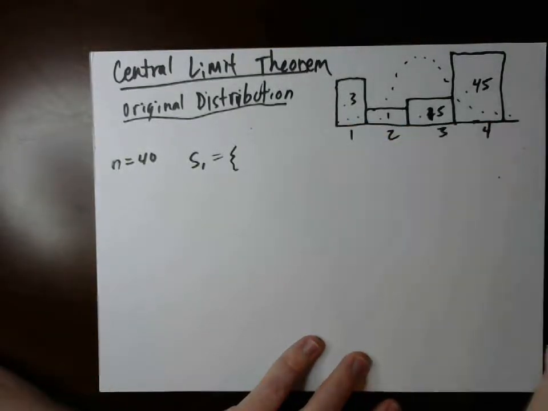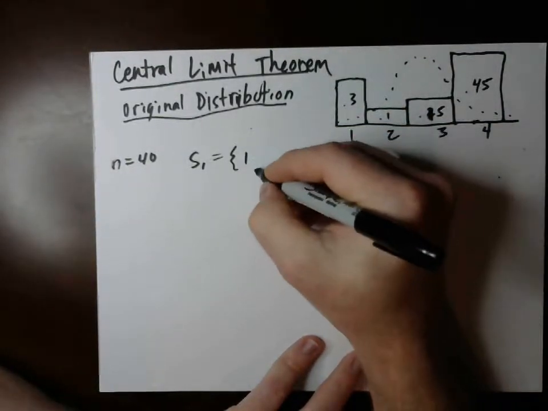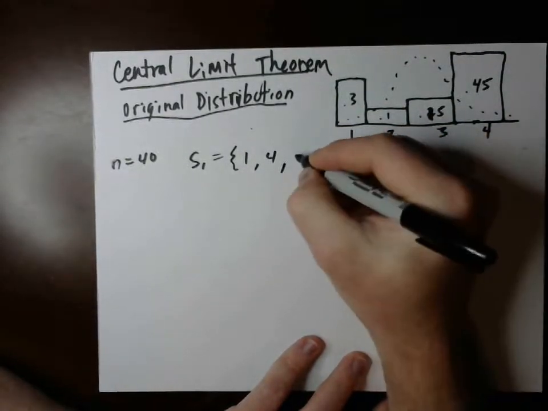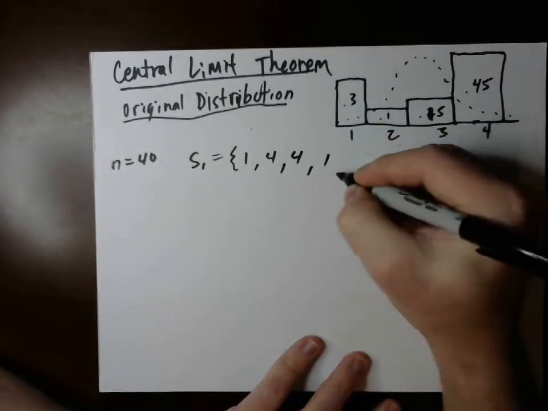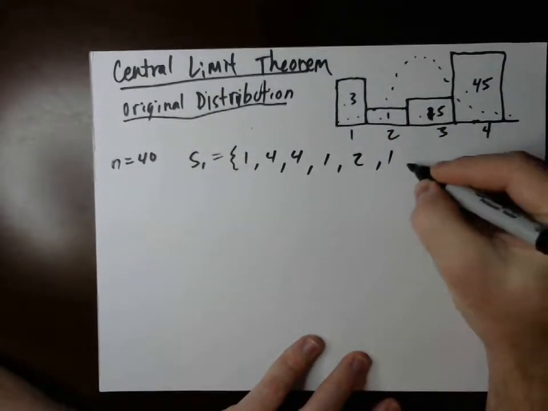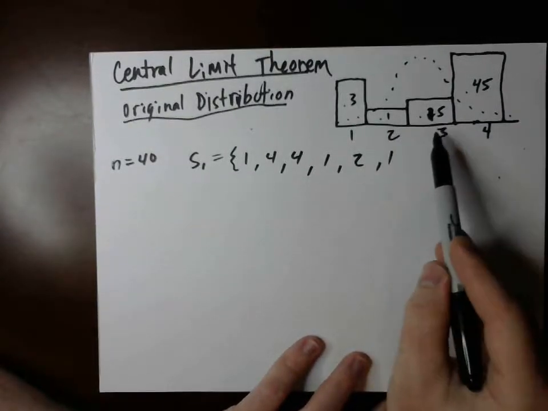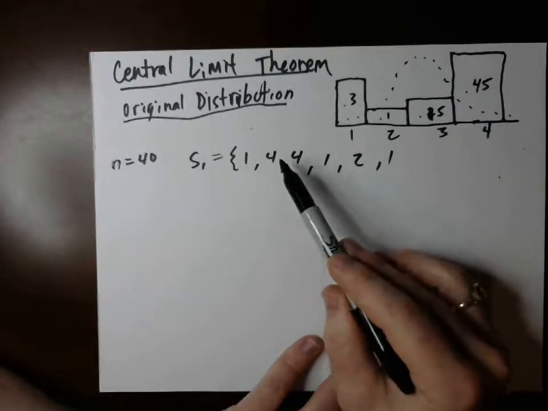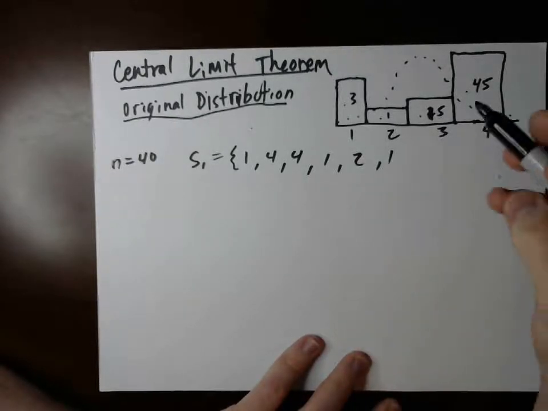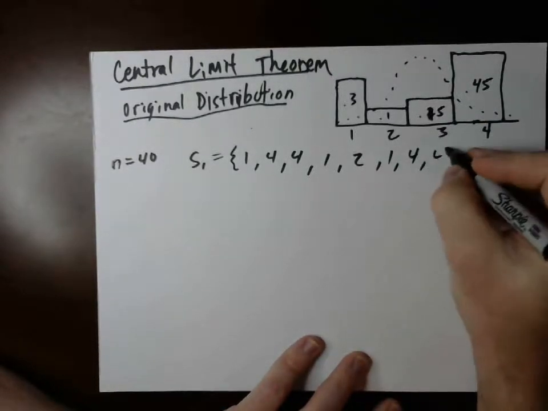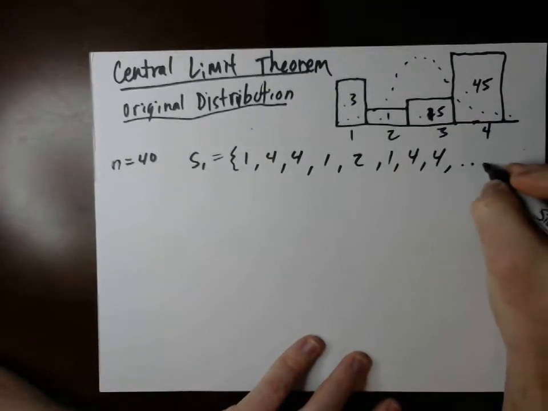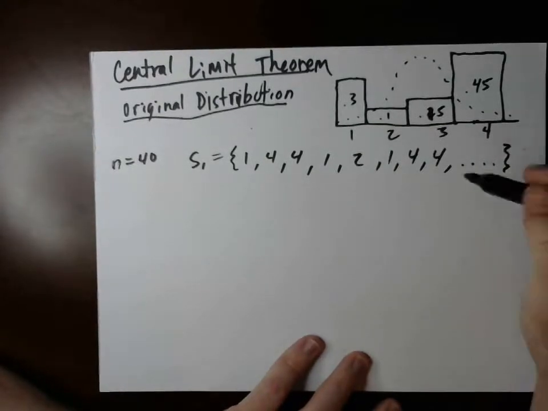Let's just say we have a 1, a 4, a 4, 1, 2, 1. As you can see, 2 and 3 are the smallest probabilities, so I have more 1s and 4s so far. And then a 4, 4, and you keep going until you have 40 different values, because we're taking a sample size of 40.